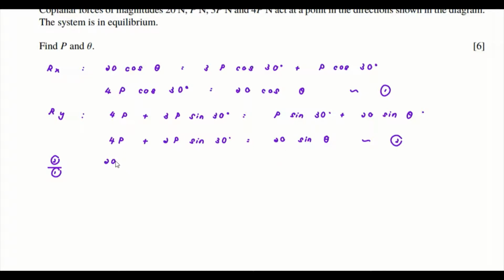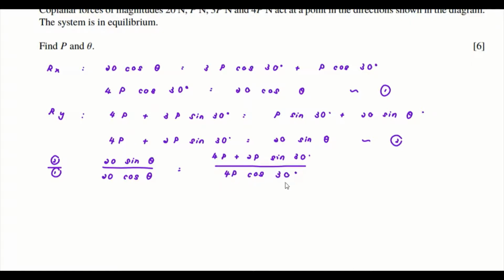So 20 sine theta divided by 20 cos theta will be equal to 4p plus 2p sine 30 divided by 4p cos 30.